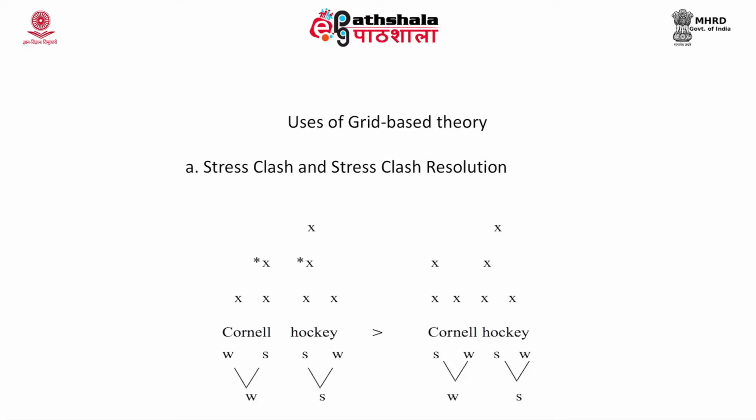Thus, we have examples on the screen from English, these words, Cornell and hockey. There are 2 words, Cornell and hockey. When they come together, then we hear these words pronounced as Cornell hockey. It's a well-known example in the literature.